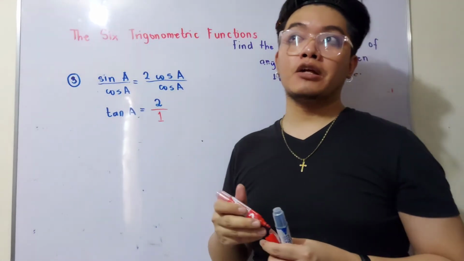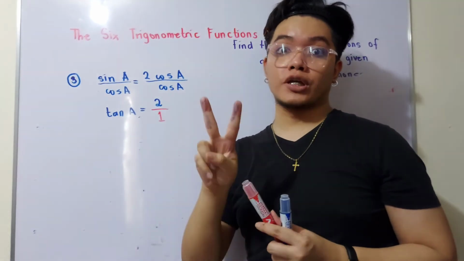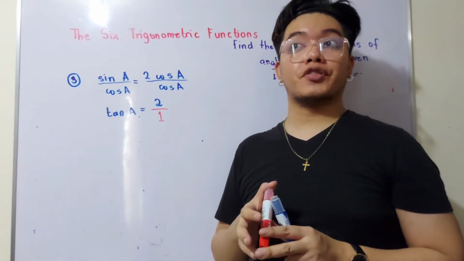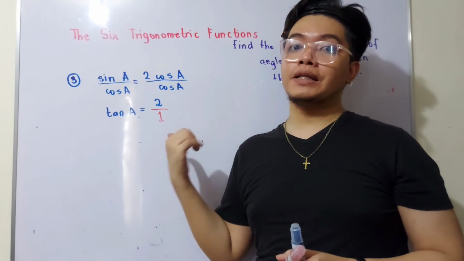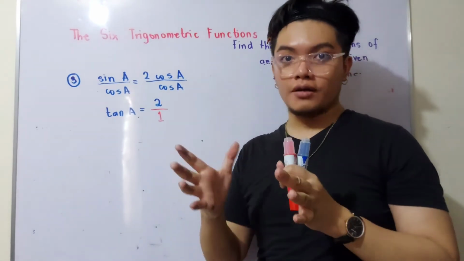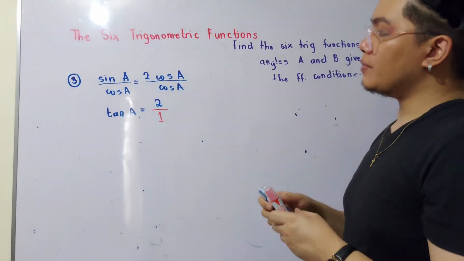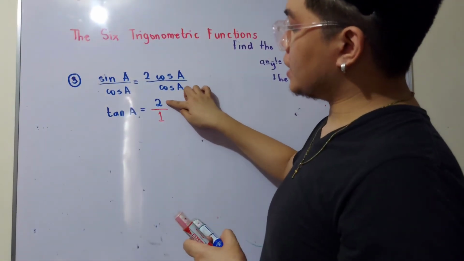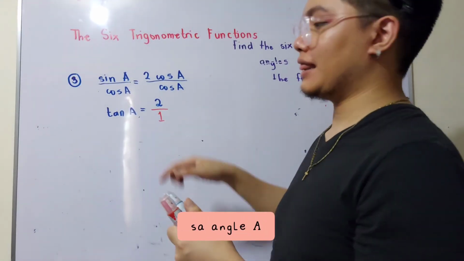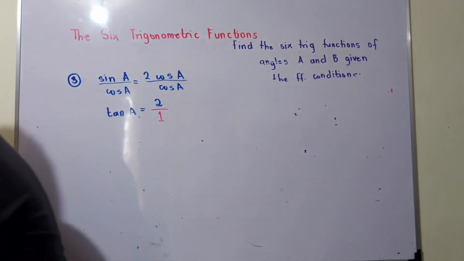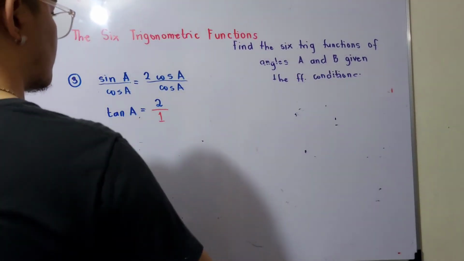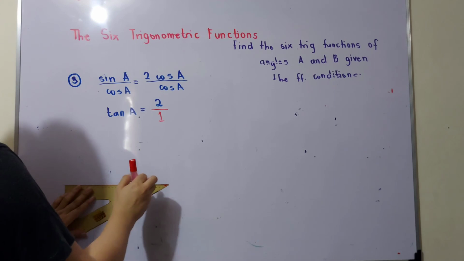Pwede mo rin namang sabihin na 4 over 2. Kasi 2 rin yun. Pwede rin 6 over 3. Pero, dito na tayo sa pinakasimple. At yung given na. So, 2 over 1. So, ibig sabihin, ito ang opposite and adjacent. Okay? Magdodrawing tayo ng reference triangle.